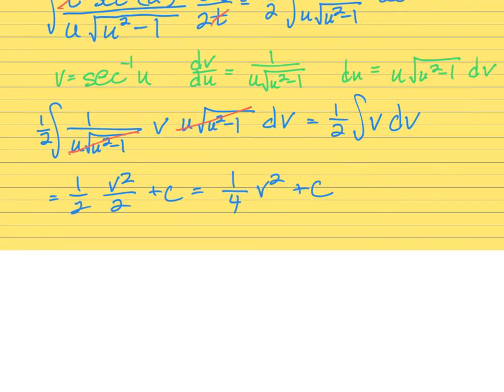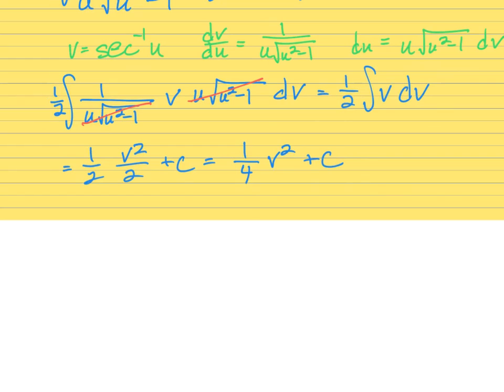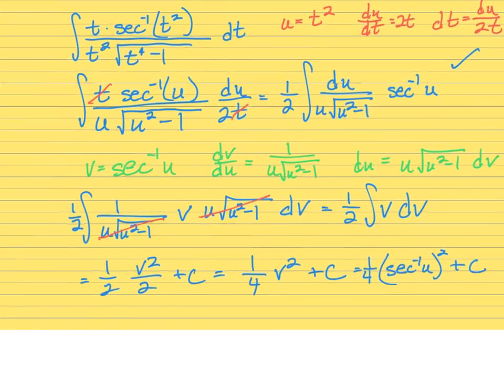But now we've got to turn it back to u's. So that's 1/4, v was inverse secant of u, squared plus c, right? We've changed it back to u's. Now we need to change it back to t's, okay?